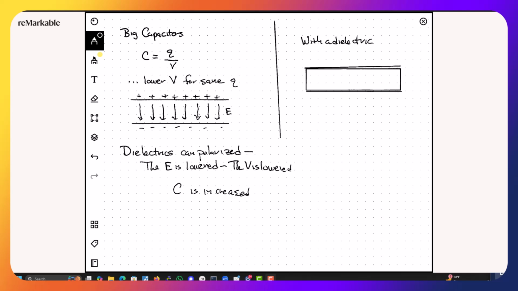Let's imagine that it's polarizable. So it's not conducting, but it can be polarized. Let's say that we have our plus charge on the top, just like before, minus charge, just like before. Exactly the same, except now this material polarizes, so it develops a little bit of polarization, separation of charge, like so. So now all of a sudden, those field lines don't get through anymore.